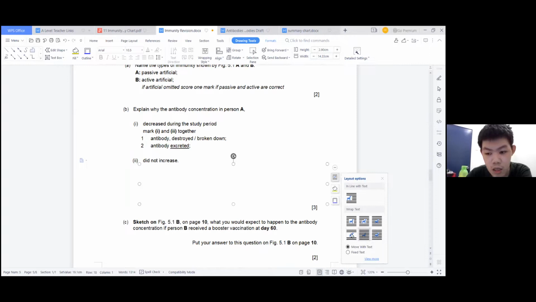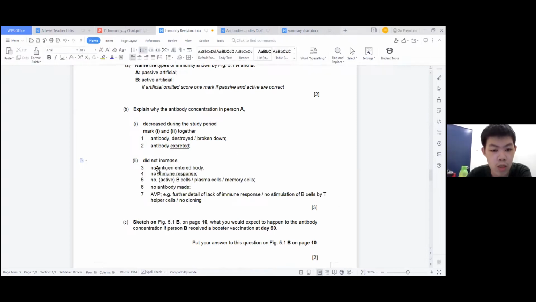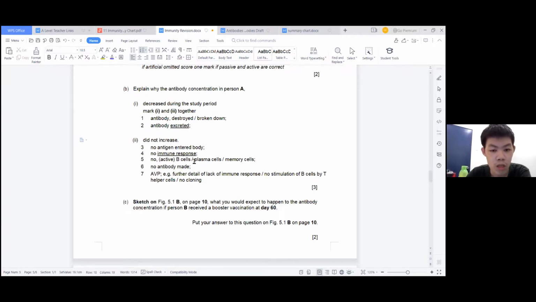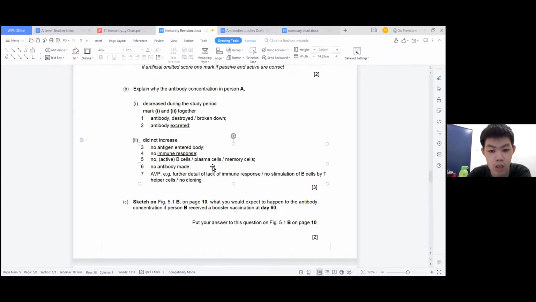Because the immune response was not triggered. It injects antibodies, not antigen. So there are no active B cells or plasma cells, or no antibody made. And any valid point, for example, further detail: lack of immune response, no stimulation of B cells by T helper cells, and no clonal selection and expansion.